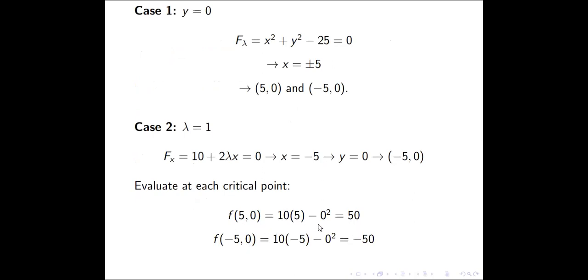So actually, this gives us more than what is asked in the problem, which is to minimize. Anyway, this gives us the local maximum value, and this one gives us the local minimum value. Is there any question?